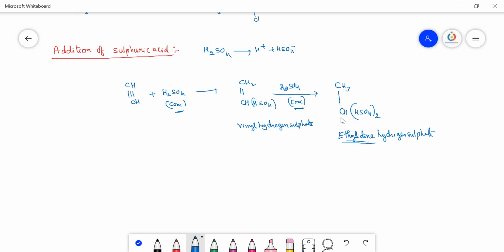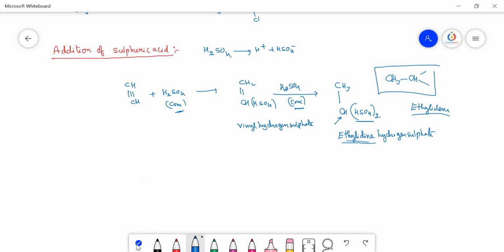Ethylidene means whenever two of the same species are added to one carbon atom in the ethane molecule, this is called the ethylidene part. Like CH2 double bond CH is called vinyl. So CH3 CH, this particular part is called the ethylidene. Okay. So if bromines are there, it is called ethylidene bromide. If chlorines are there, it is called ethylidene chloride, like that.